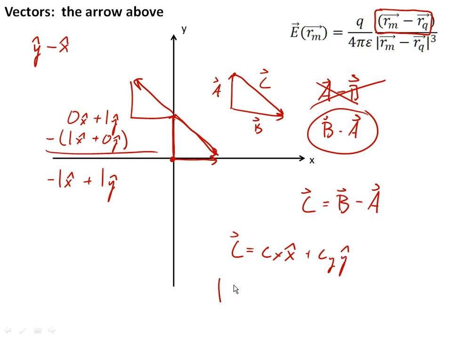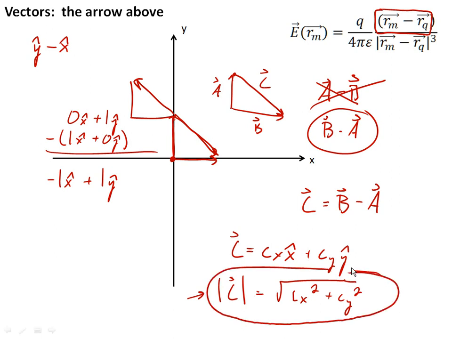If we want to know how long it is, we call that the magnitude of the vector C, and we represent the magnitude by these two vertical lines here. That's just equal to the square root of Cx, the amount along the x direction squared, plus Cy along the y direction squared. And so this is the magnitude of a vector here.